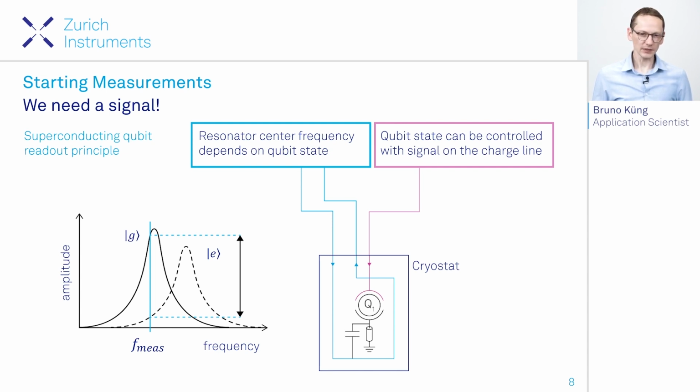Namely, if you measure a resonator transmission function, you would get maybe such a Lorentzian transmission curve in amplitude, as you see the solid line here marked with G for ground state. And because there's a coupling between the resonator and the qubit on the chip, the resonator frequency will change when the qubit state changes. We can exploit that by measuring at a single frequency here, fMES, and looking at the amplitude and phase at this frequency will give us a contrast between ground and excited state.